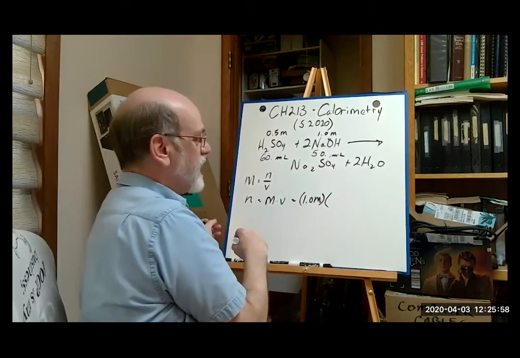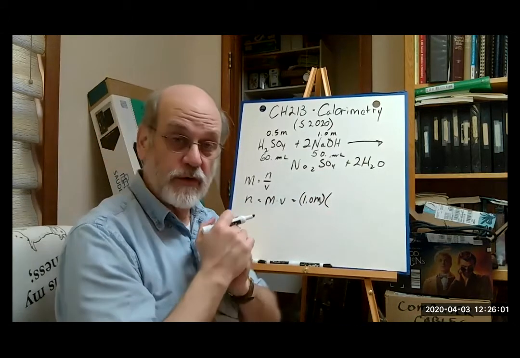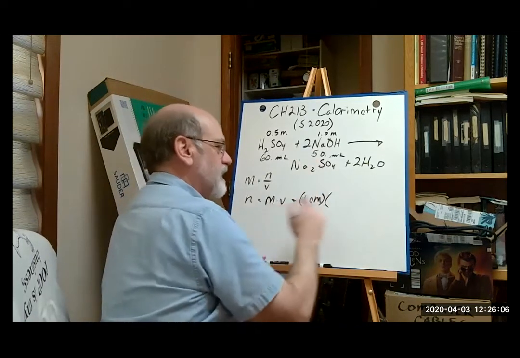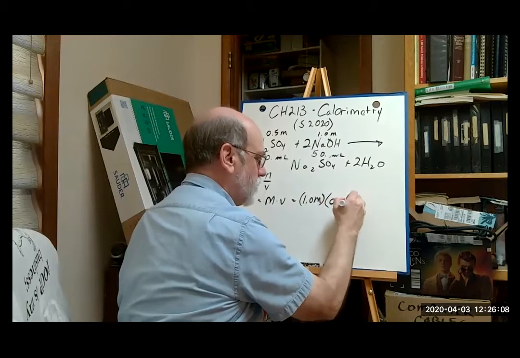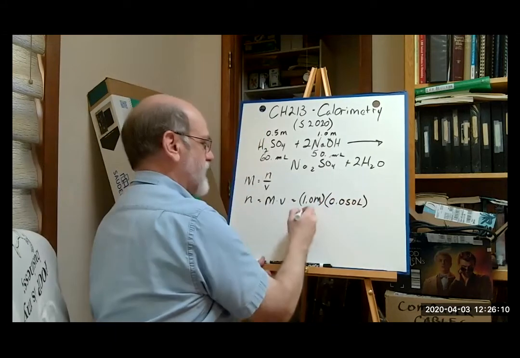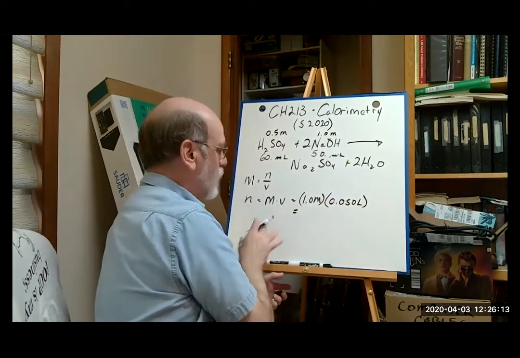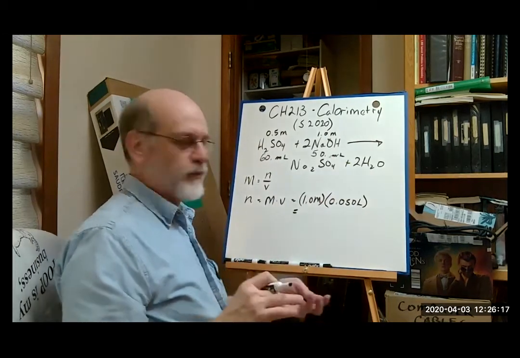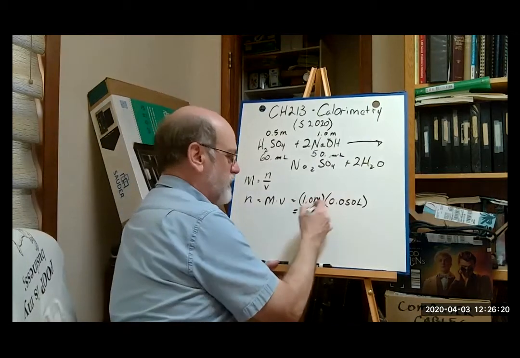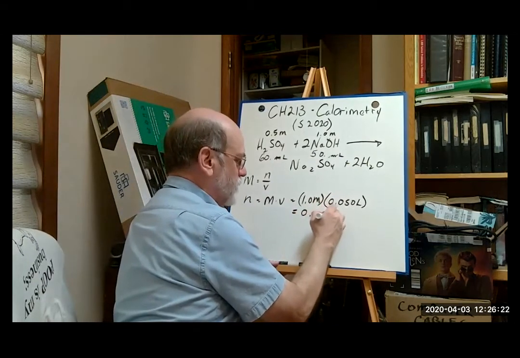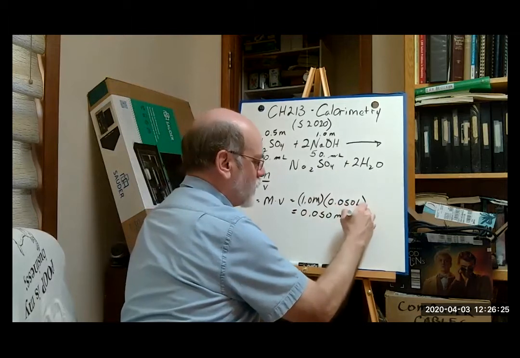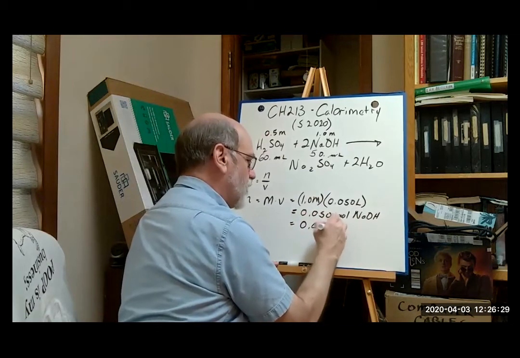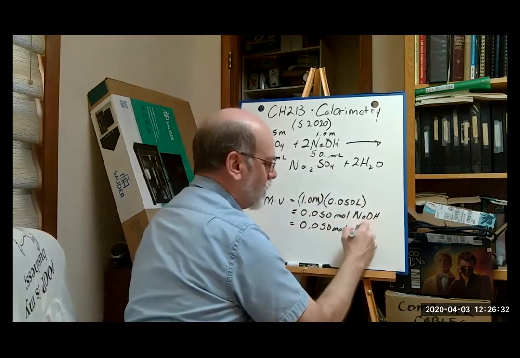The units of measure for volume are liters, so we have to change 50 milliliters to liters. So how many moles of sodium hydroxide, and consequently how many moles of water, have we produced? 1 times that is 0.050 moles of sodium hydroxide, which is equal to 0.050 moles of water.